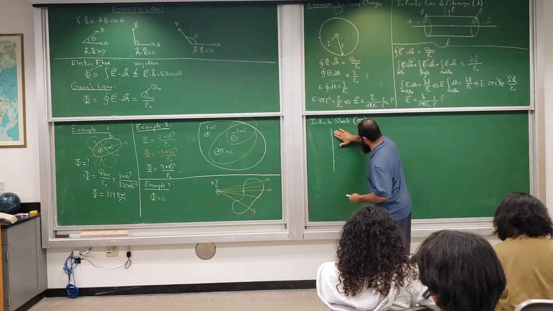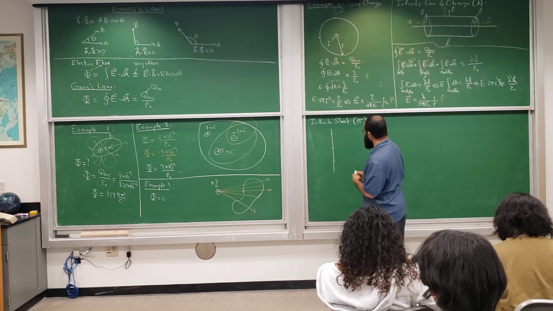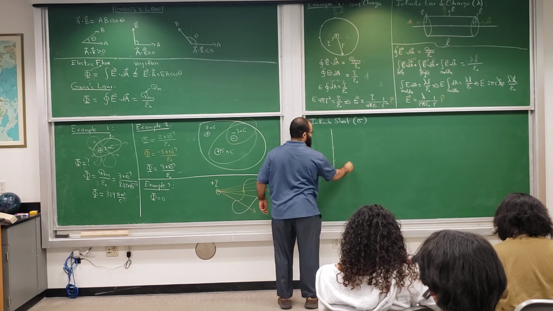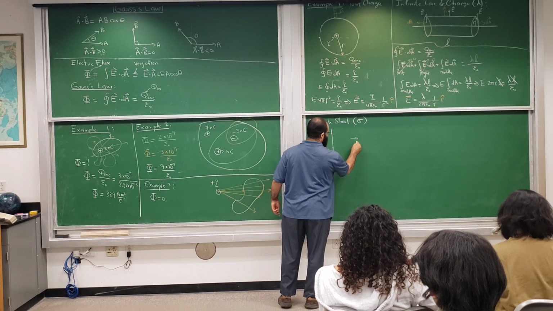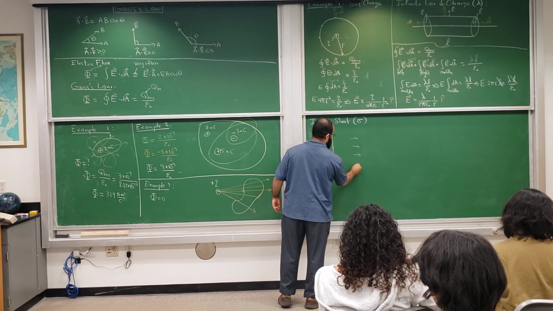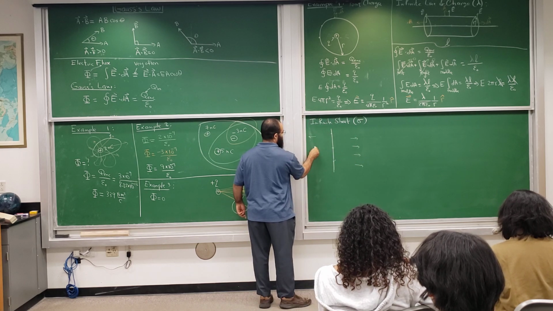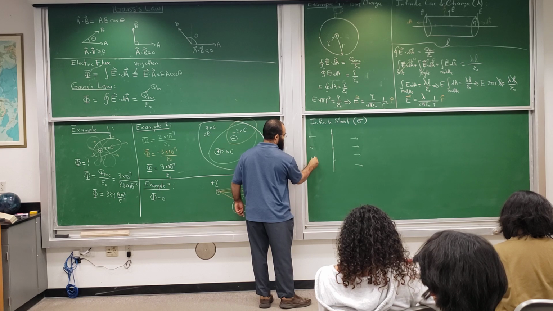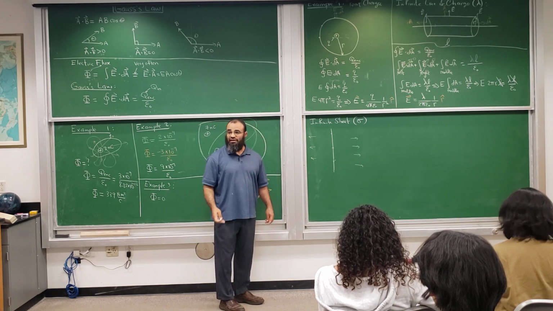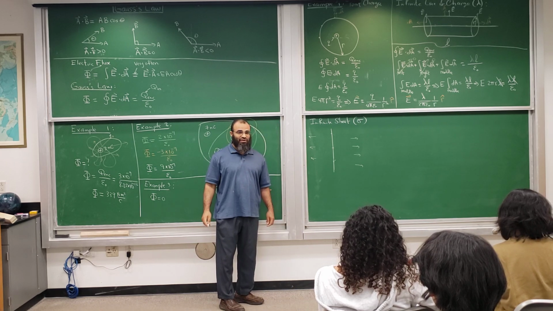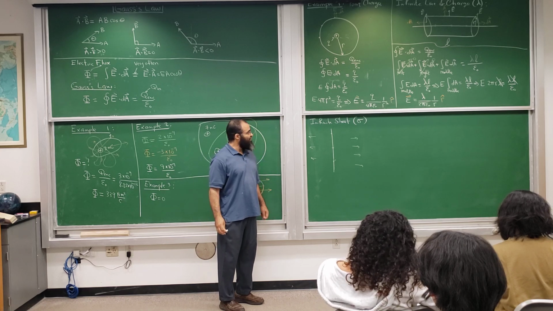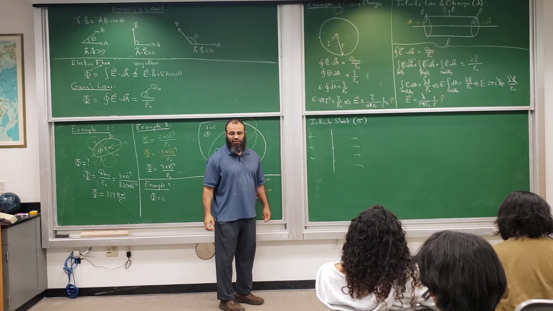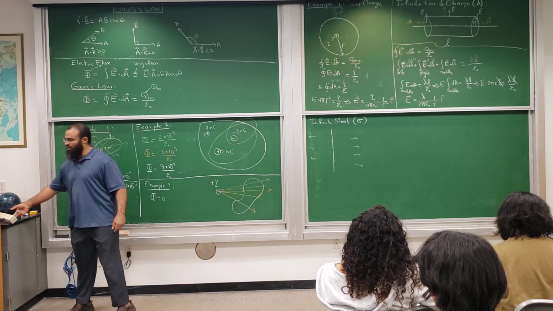So we conclude that if I choose somewhere here, the electric field is going to be this one, and if I'm here, it's also going to be this one. The question is, how much is it going to be, if the infinite sheet has charge density sigma?